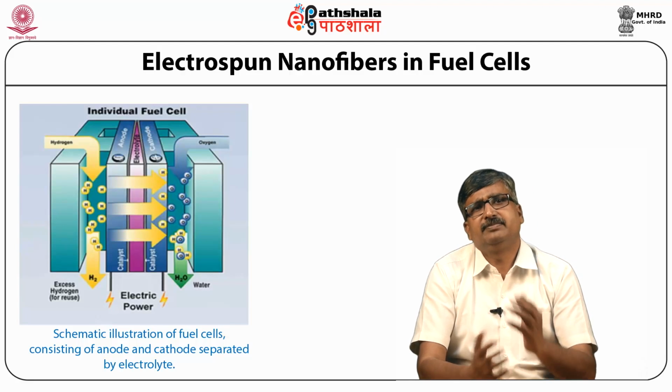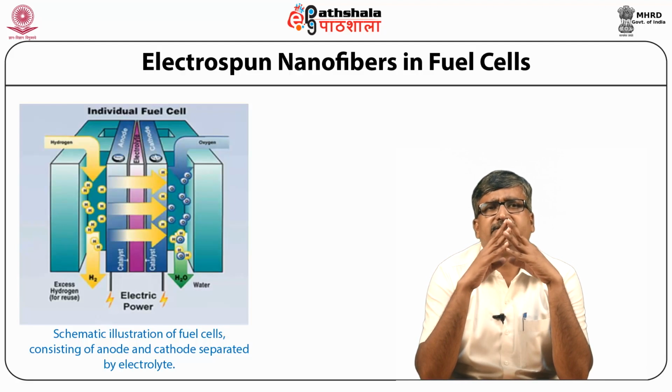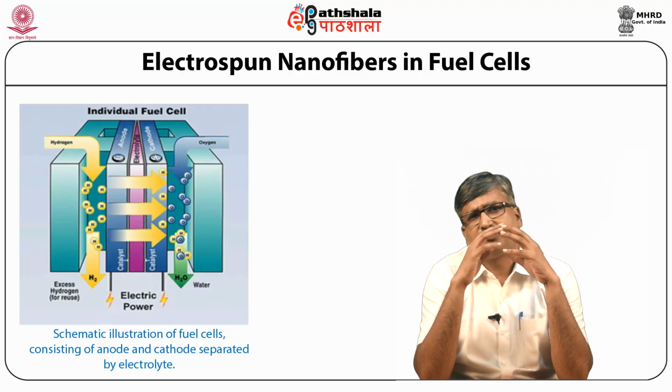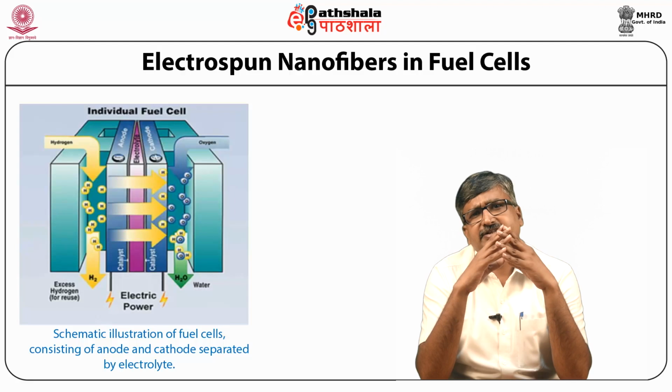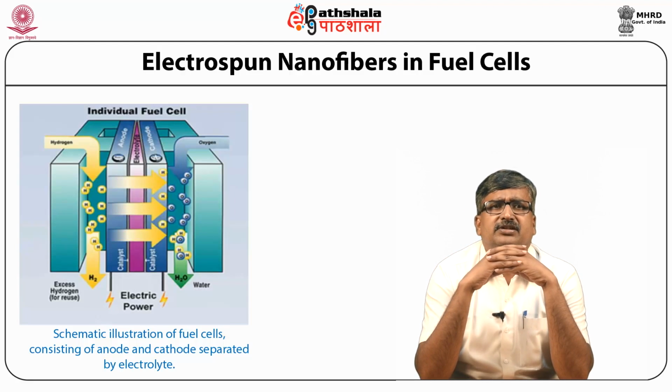Similar to the lithium-ion battery, fuel cell also contains three parts: the cathode, anode, and electrolyte. In general, fuel cells are devices in which chemical energy from a fuel is converted into electrical energy in the presence of a catalyst, shown in figure.